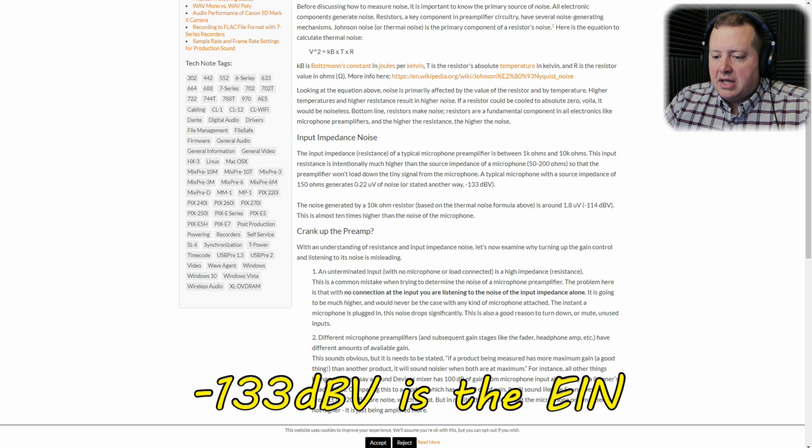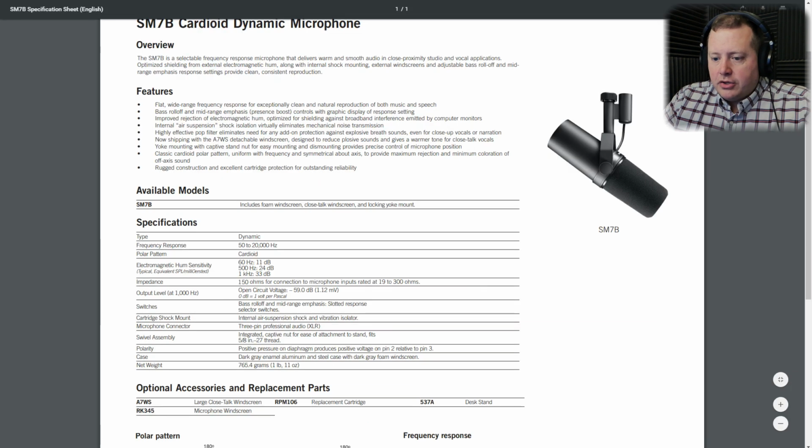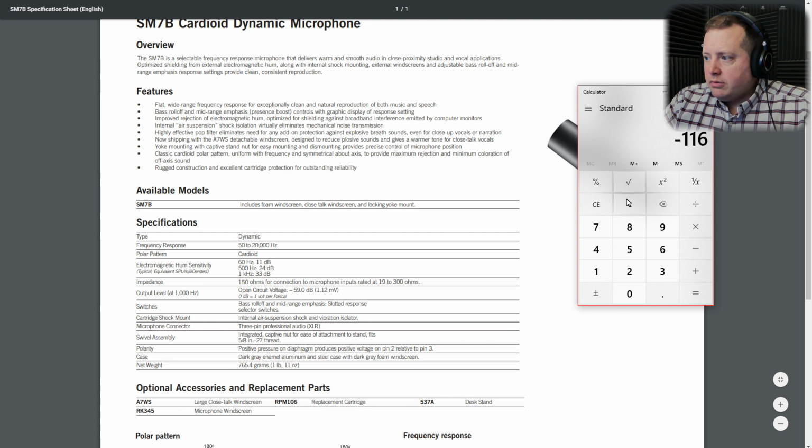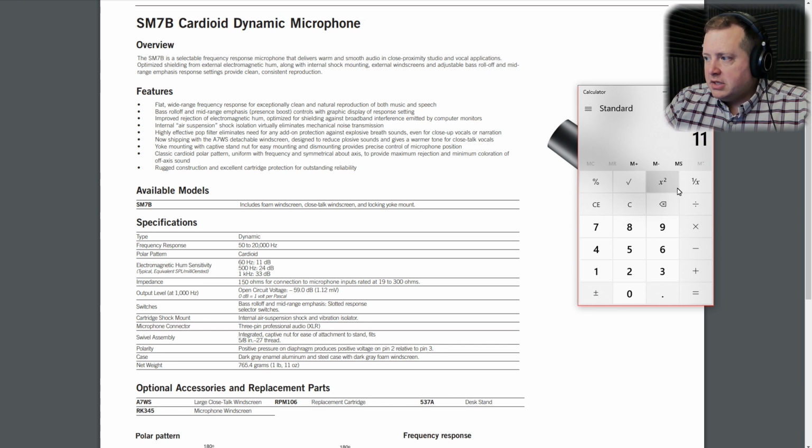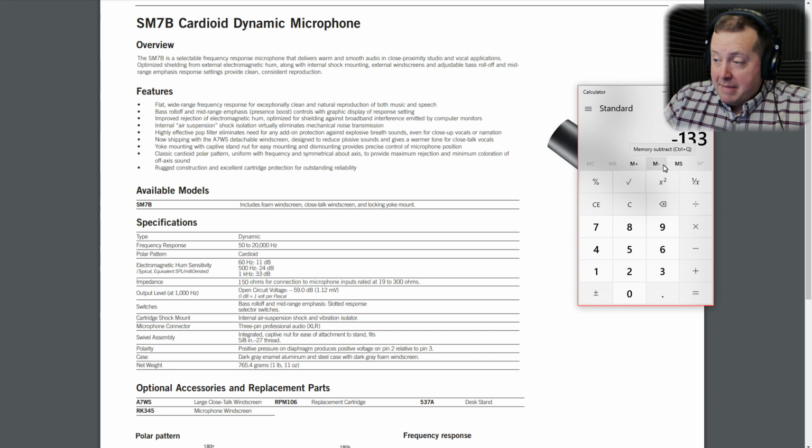So let's plug in now that value, negative 133 dBV, is the amount of noise that is given out by a 150 ohm resistor.